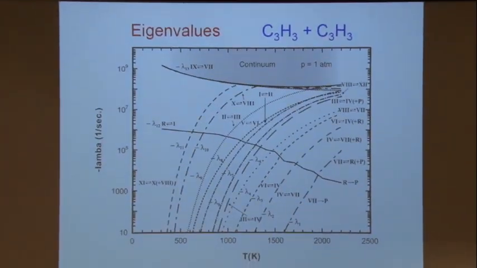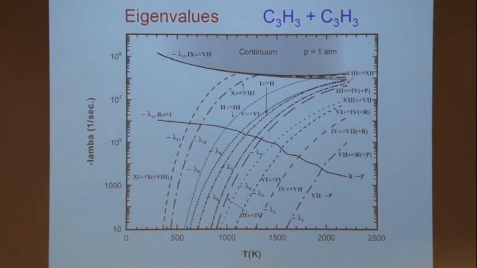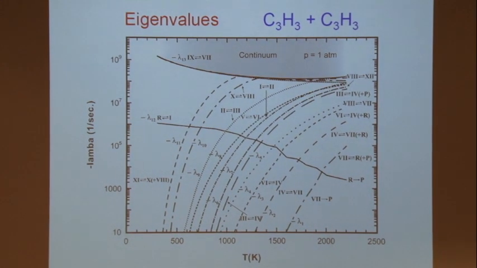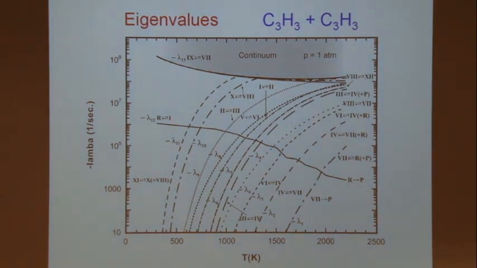And what Klippenstein and Miller advocate is that you try to look for the slow timescales and say that slow timescales are chemistry and the fast timescales are collision. And that works very well at low temperatures. And so you have some really slow timescales down here, and these are different isomers of this surface.